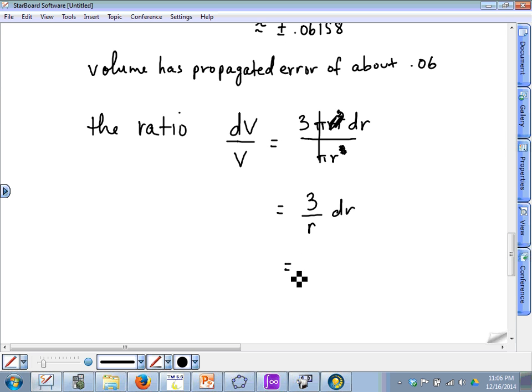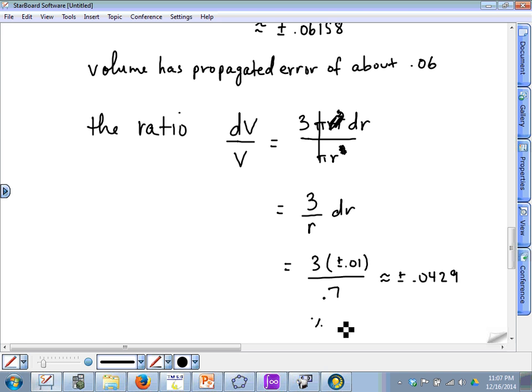So for the problem we are looking at here, this would be 3 times plus or minus 0.1. That was dr, or the change in the radius. And the measured radius was 0.7. So that turned out to be plus or minus 0.0429.